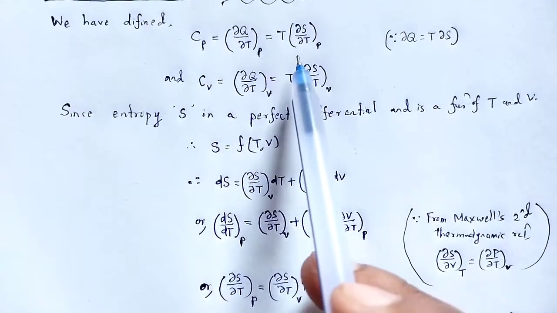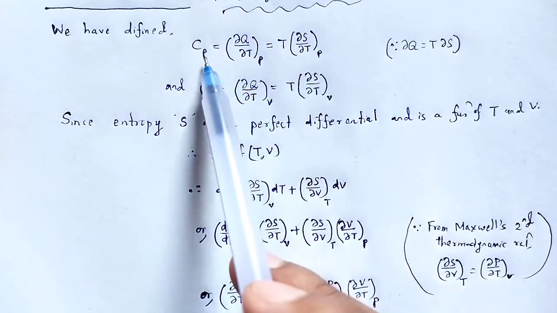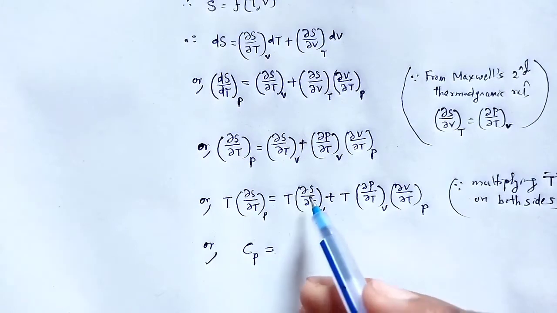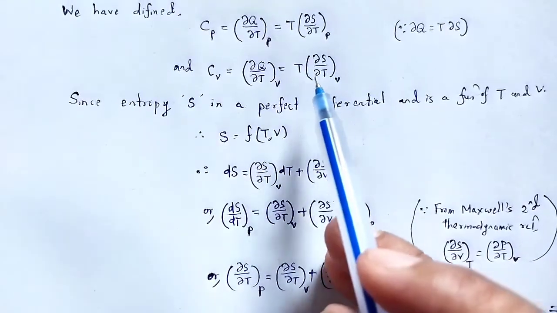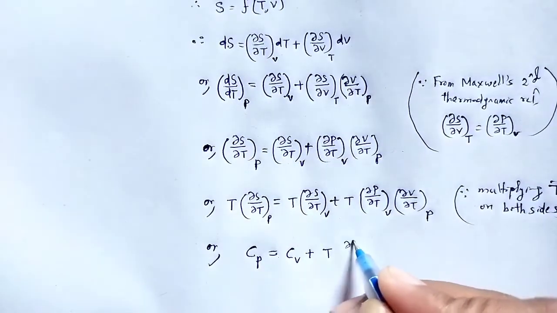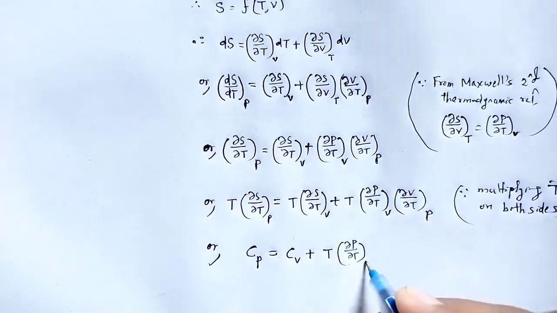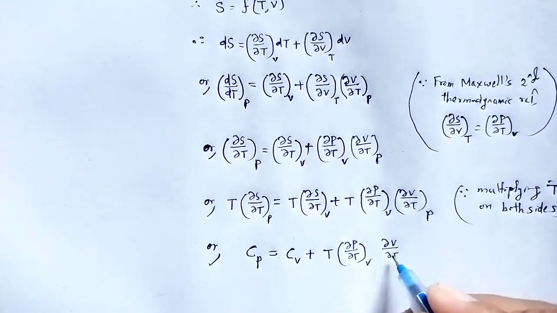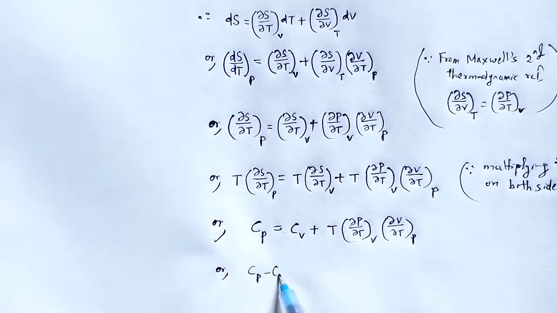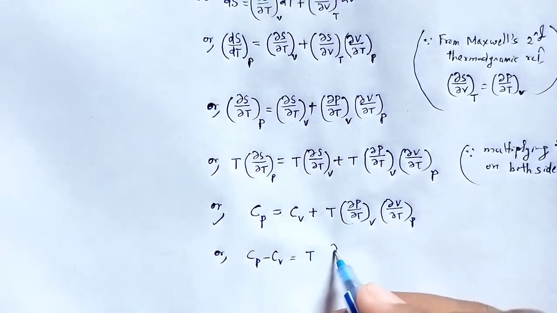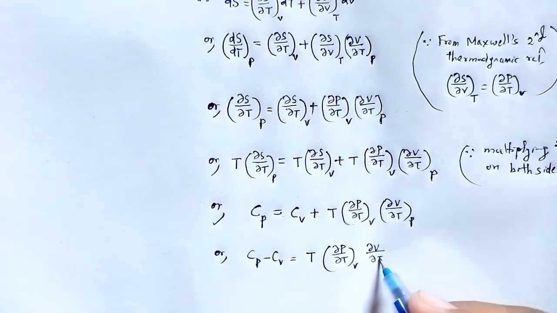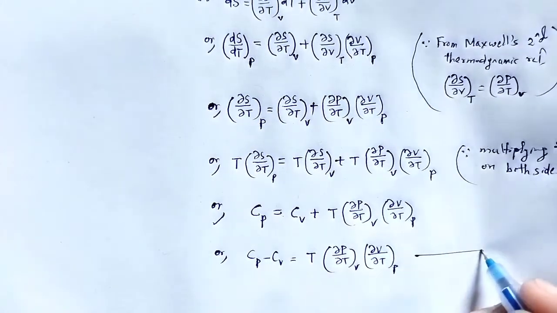T del S by del T at constant pressure is Cp, so the result will be Cp is equal to T del S by del T at constant volume, that is Cv, plus T del P by del T at constant volume into del V by del T at constant pressure. Now Cp minus Cv is equal to T del P by del T at constant volume into del V by del T at constant pressure. Let this be equation number 1.